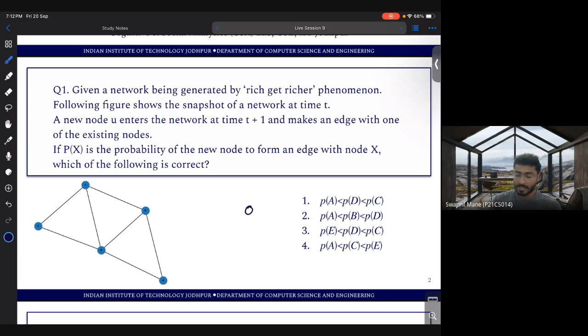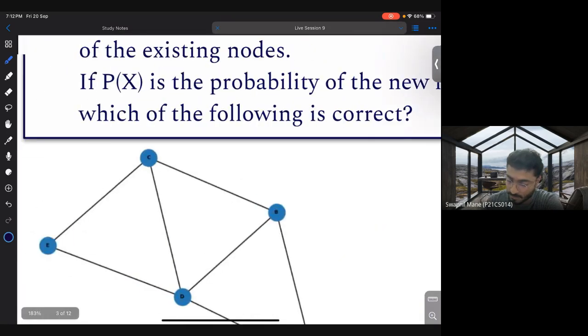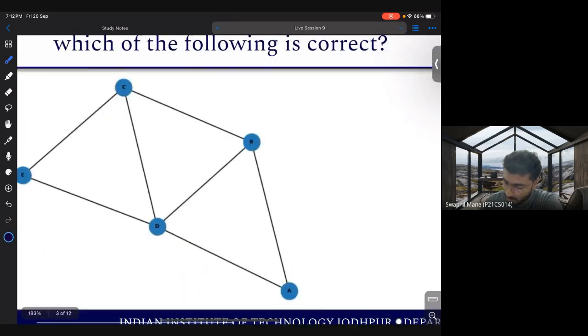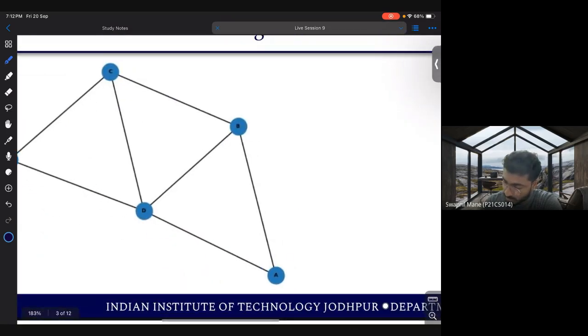First we need to find the probability. Let's quantify the degree of each node here. Node A has degree 2, B has degree 3, D has degree 4, and another has degree 3.